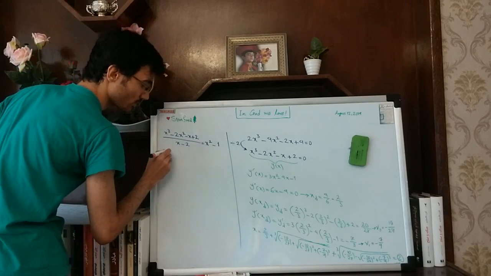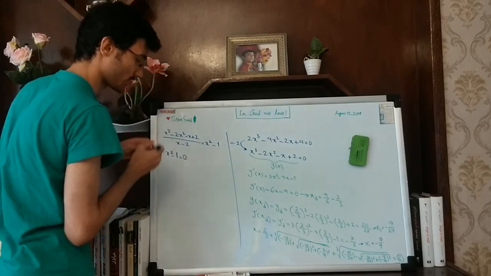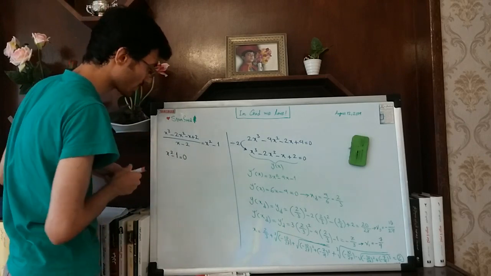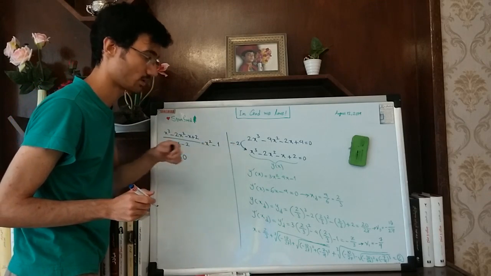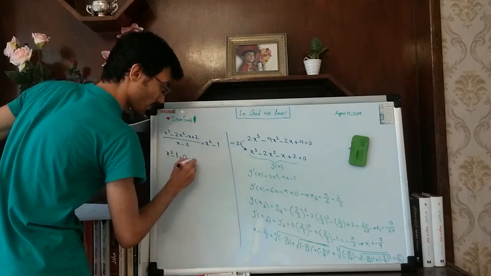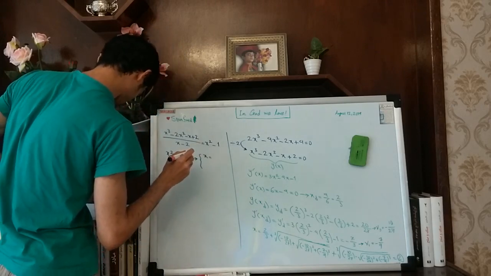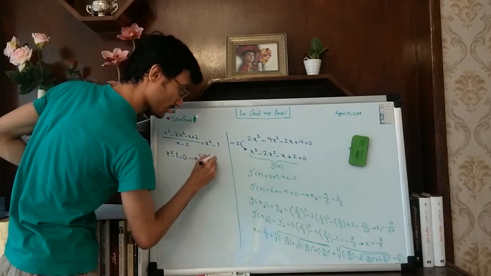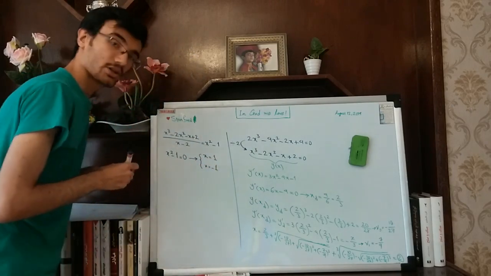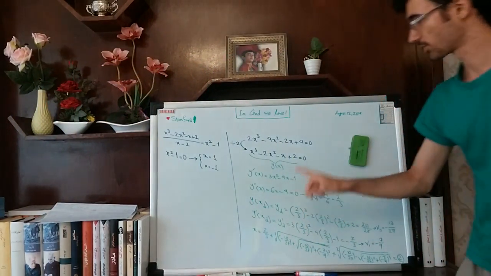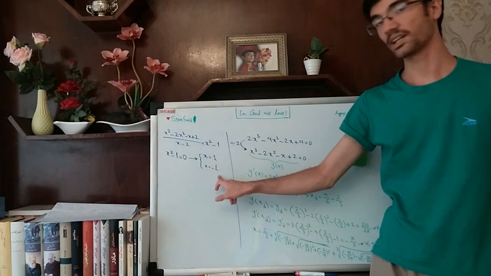By putting this equal to 0, we will have a quadratic equation. The roots of this equation are the other roots of this cubic equation: x equals 1 and x equals -1. So three roots of this cubic equation are x equals 2, x equals 1, and x equals -1.